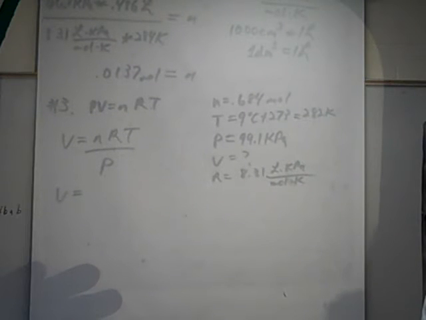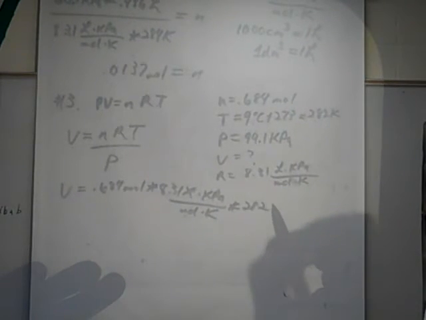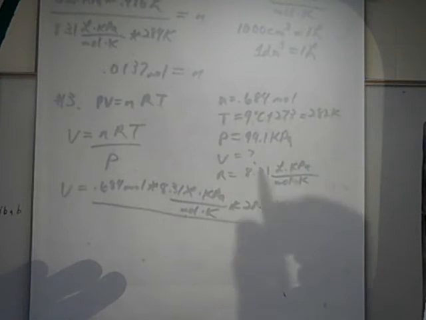Okay, let's solve for V. 0.684 moles times R times temperature, divided by my pressure.